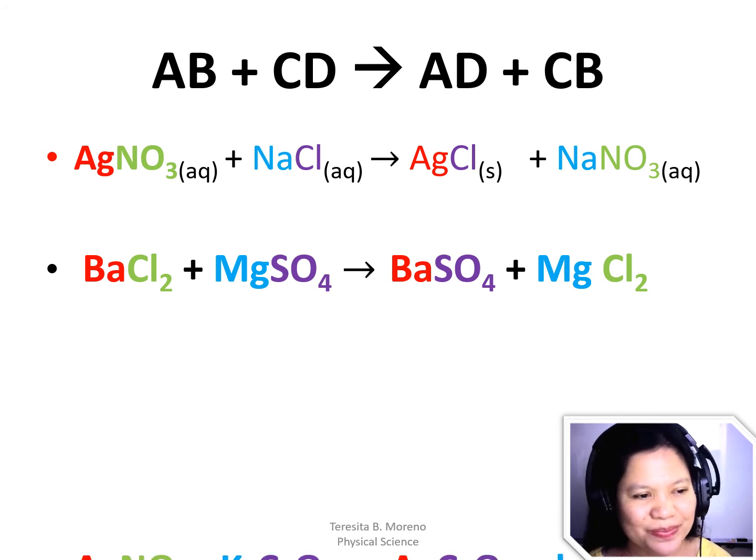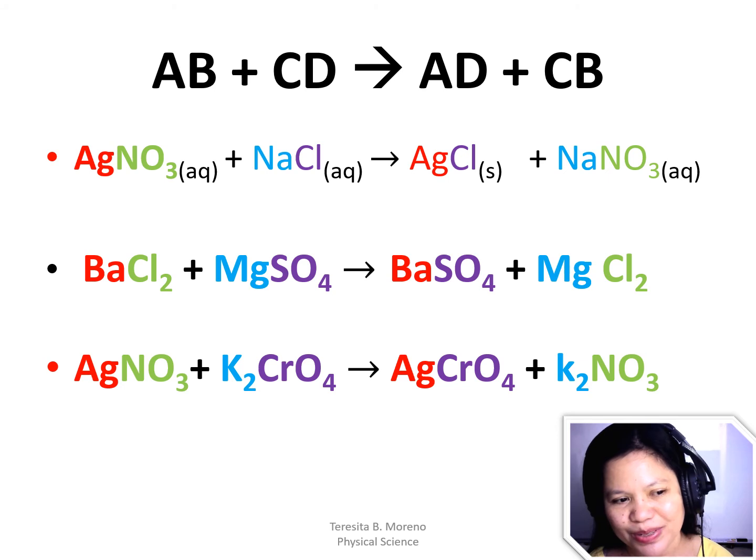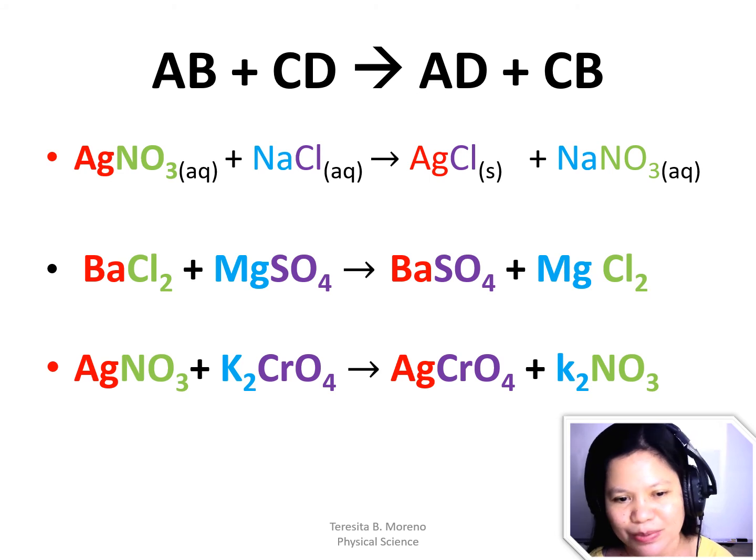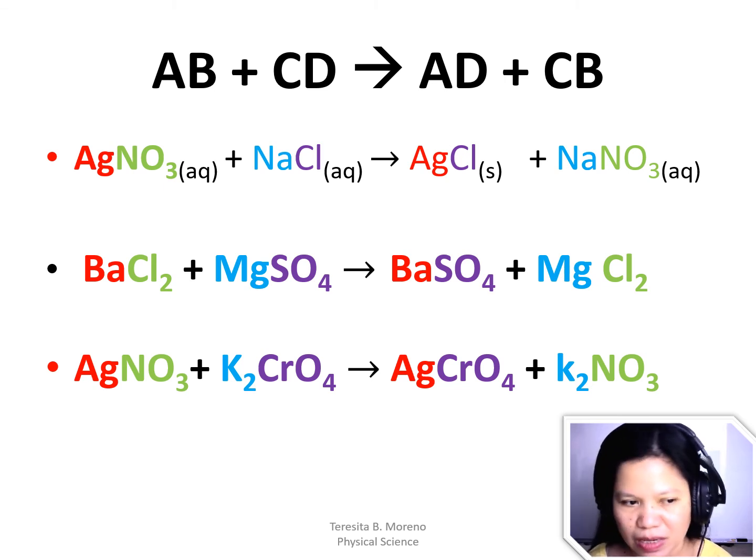Okay, third example, you have silver nitrate plus potassium chromate. It will yield into silver chromate and potassium nitrate. So what changes only is the D and B. So they change position.